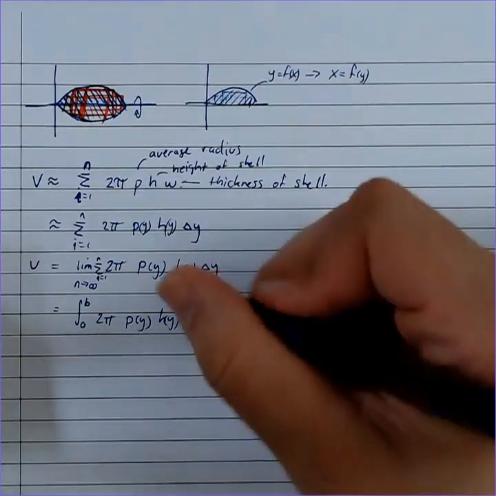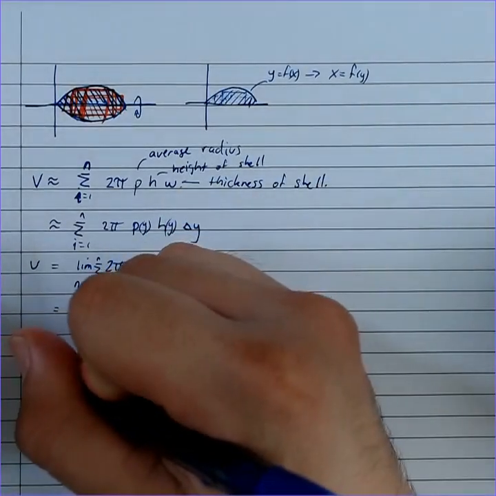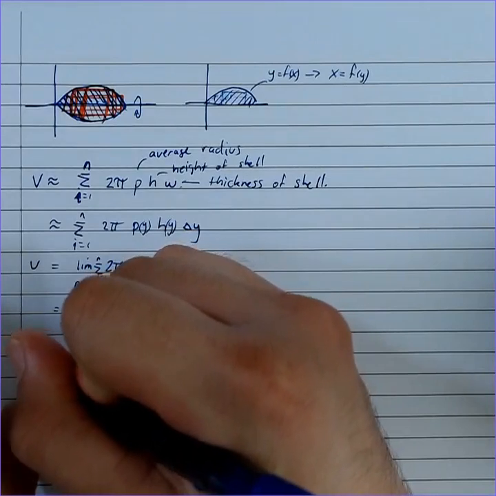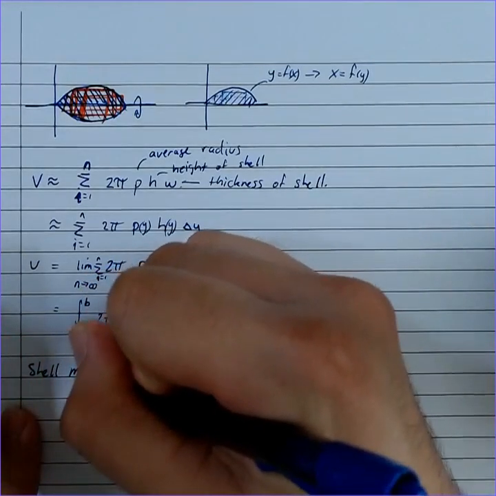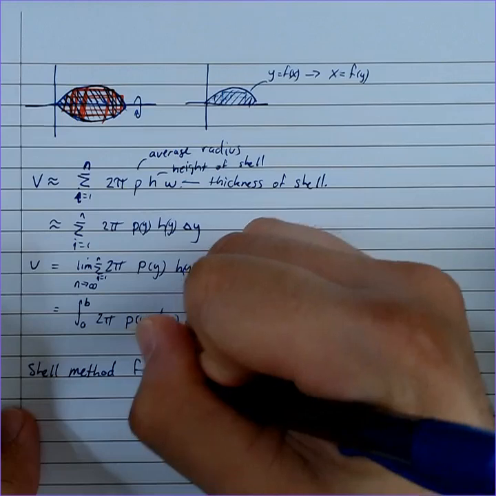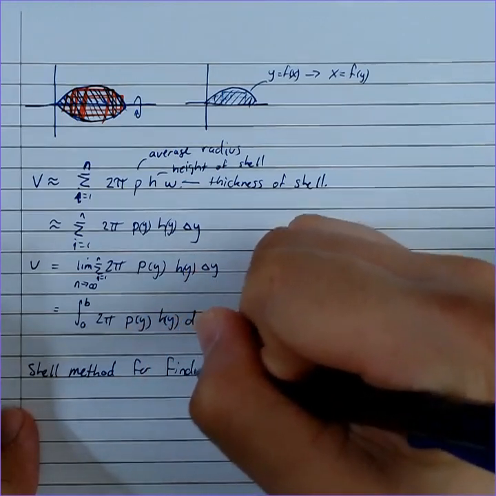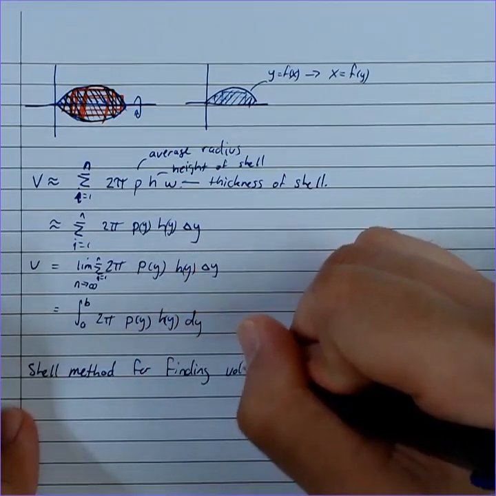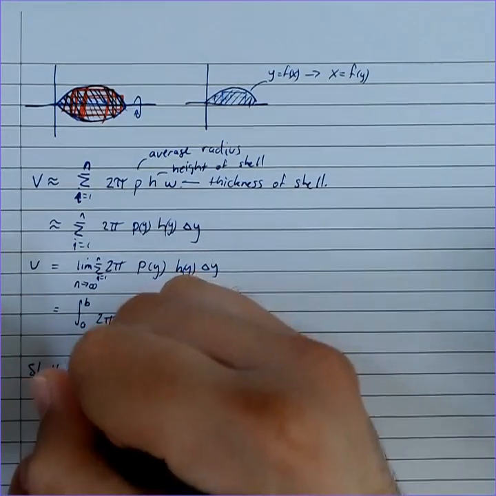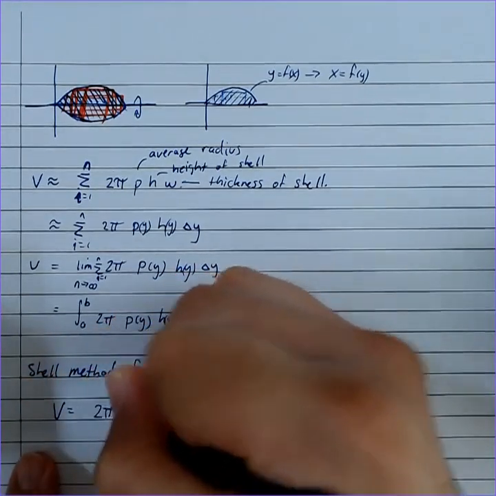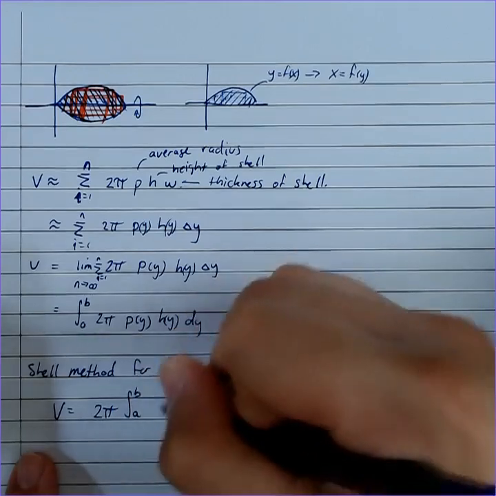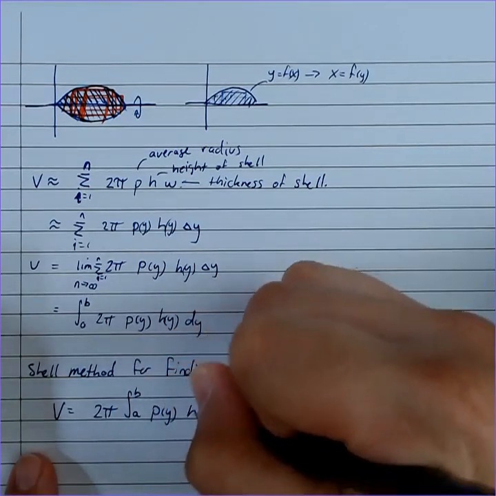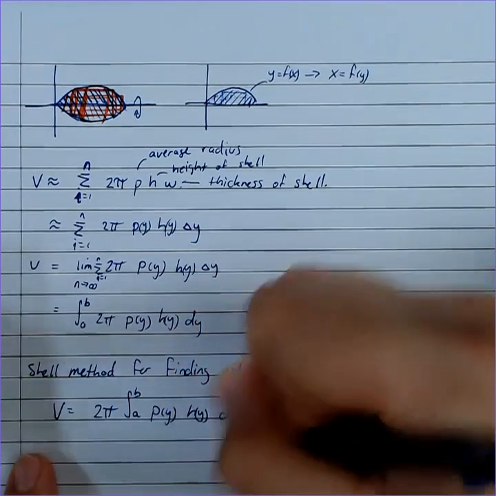And since that's a constant, we typically write it this way. So this is the result of what's called the shell method for finding volume. And that's volume is equal to 2 pi times the integral from a to b of p of y h of y dy.